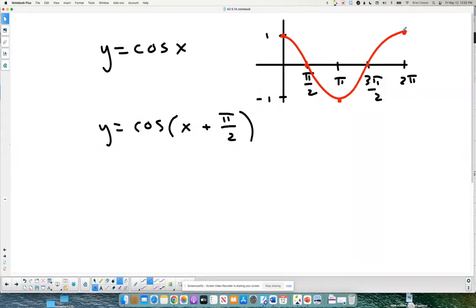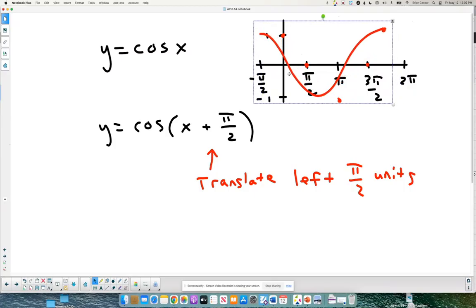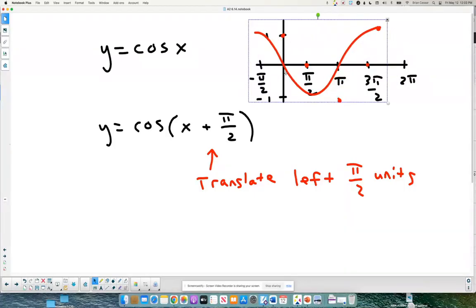Okay, so you should know enough to realize, oh, this means it's going to translate left pi over 2 units. So basically what would happen is, if this was negative pi over 2, the entire graph is going to slide left pi over 2, just like that.